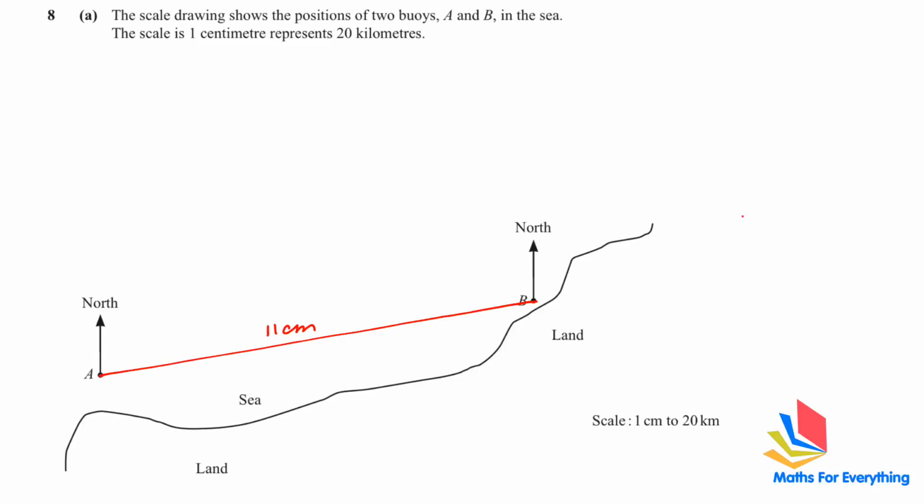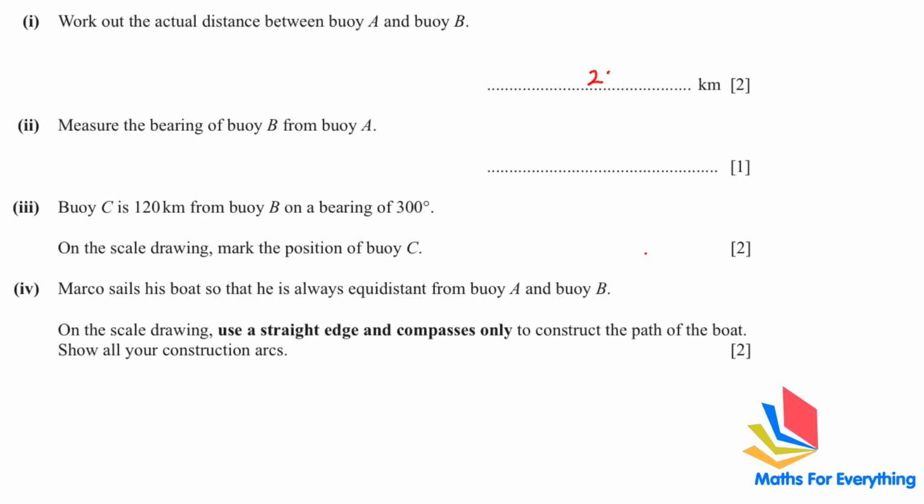Our map scale is 1 centimeter is 20 kilometers. So when we have 11 centimeters, how many kilometers does it make? We cross multiply. X multiplied by 1 centimeter is 1, and 11 multiplied by 20 will give us 220 kilometers. So the answer is 220 kilometers.